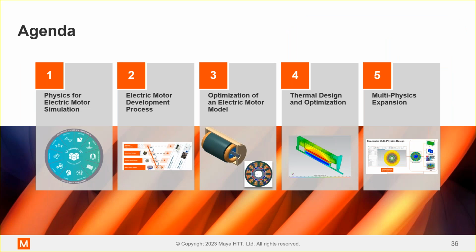So just a quick recap, we initially took a look at what physics are interesting for electric motor simulation. We decided to focus on electromagnetics and thermals for today. We went over the electric motor development process, what tools we're using, how we're stepping through those different tools. Looked at a basic electromagnetic model of a motor in Simcenter MotorSolve, built a basic template model, and handed that off into Simcenter HEEDS that allowed us to do optimization on that design.